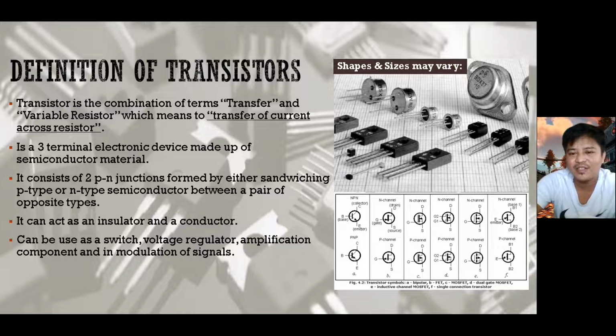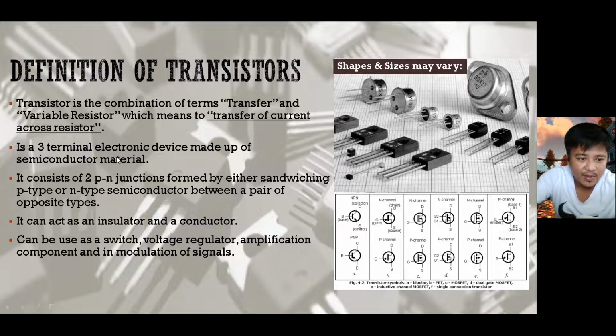Let us go with the definition of transistors. Transistor is a combination of the terms transfer and variable resistor, which means transfer of current across a resistor. That is basically the meaning and function of the transistor. Also, it is a three-terminal electronic device made up of semiconductor material. It consists of two p-n junctions formed by sandwiching either p-type or n-type semiconductor between a pair of opposite types.